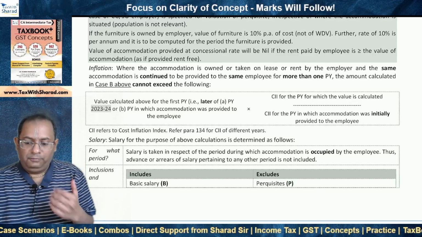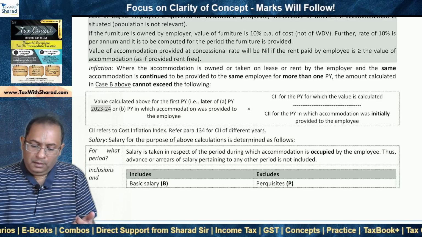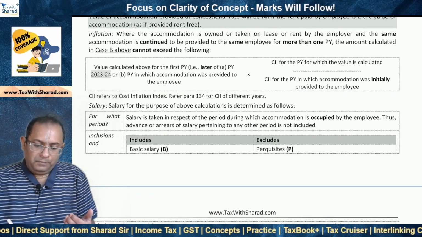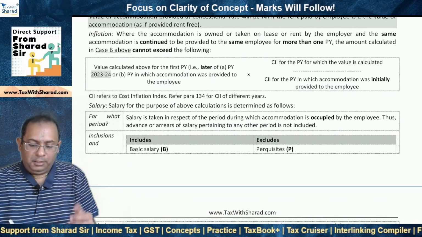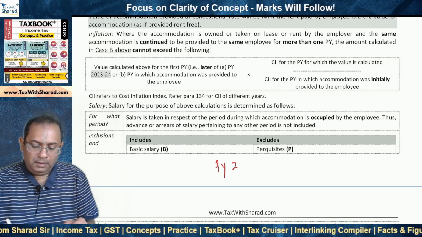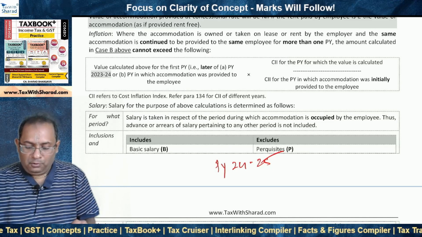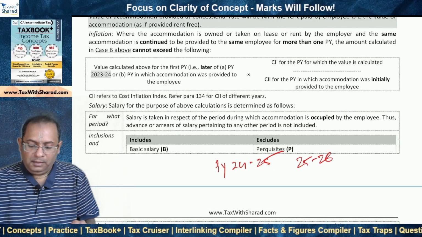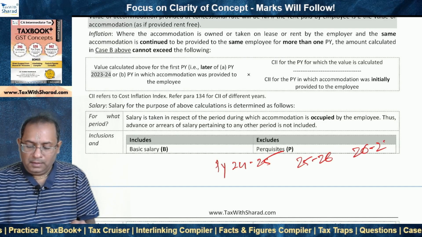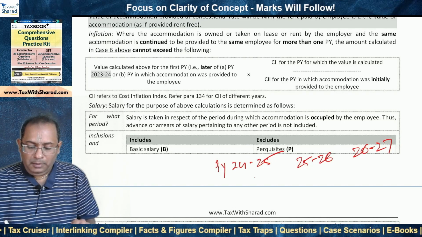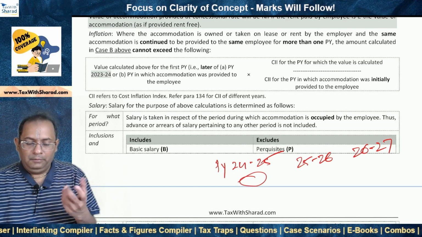So for example, if the accommodation is first provided in previous year 24-25, and to the same employee it is provided in 25-26 and 26-27 as well, there will be a particular value of the perquisite that we will arrive at.